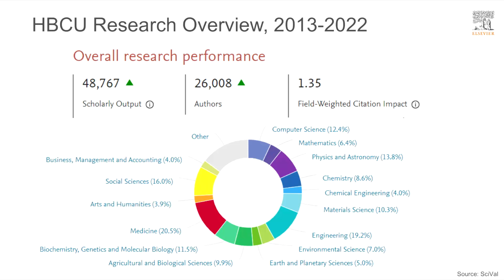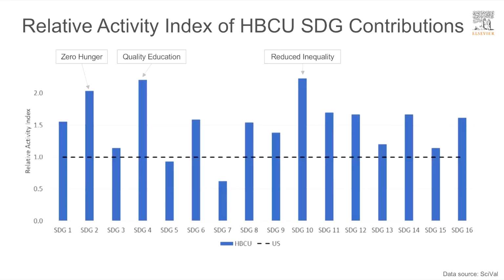But the story gets even better when we look at connections with the SDGs, because many of their articles could be linked to one or more of the SDGs. And so what we've done here is we've compared the HBCU portfolio of scholarly outputs over that decade to the United States as a whole, the US national output portfolio.